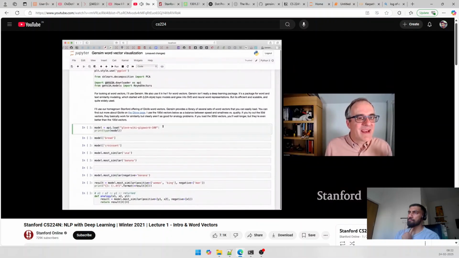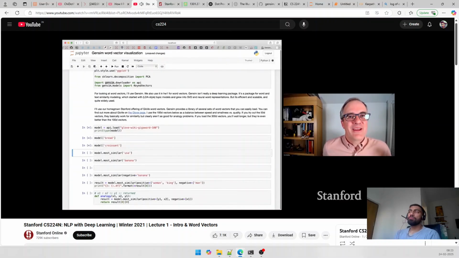So these are our GloVe word vectors that we made at Stanford in 2014. And I'm loading 100-dimensional word vectors so that things are a little bit quicker for me while I'm doing things here. I sort of do this model of bread and croissant. Well, what I've just got here is word vectors. So I just wanted to show you that there are word vectors.